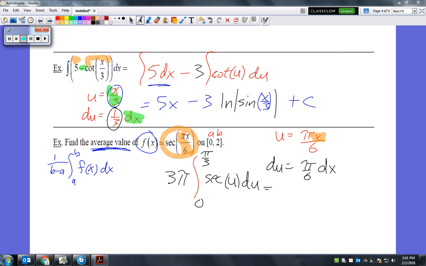That 1 over 2 original is going to multiply with my 6 over pi, because remember, you have to get this over to the other side. And that reduces it to, oh, it's not 3 pi. It's 3 over pi. Do y'all agree?